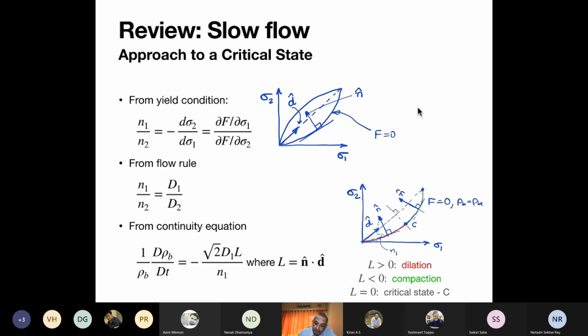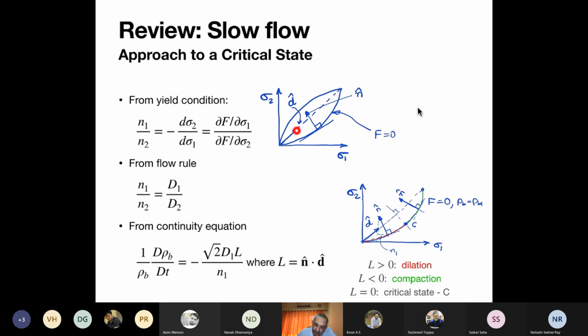So for a typical yield function, given by f equal to 0 for a 2D system, this is for a particular value of the bulk density. So let's say rho b is equal to rho b1.